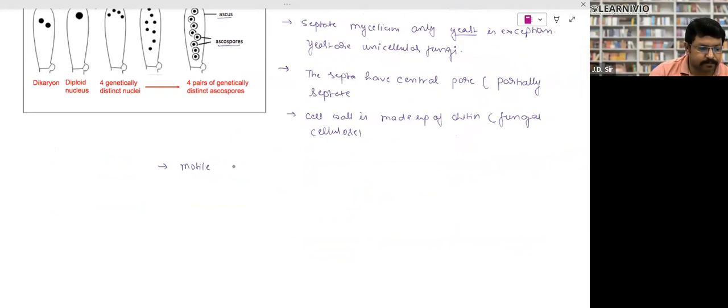Motile structures are absent from the life cycle.